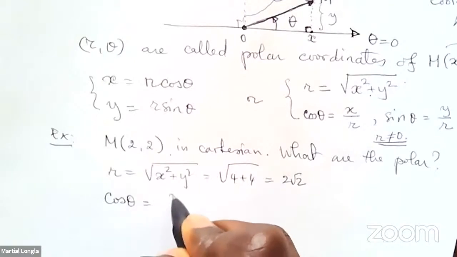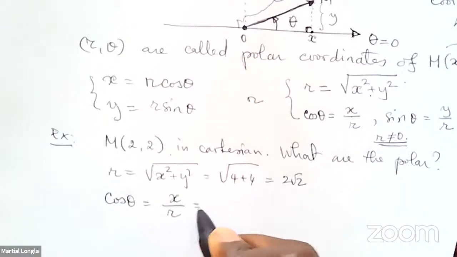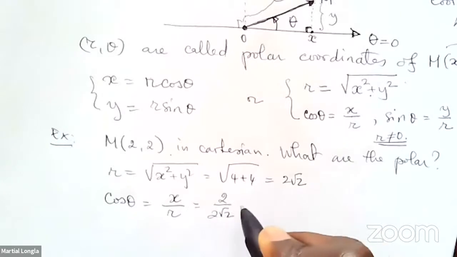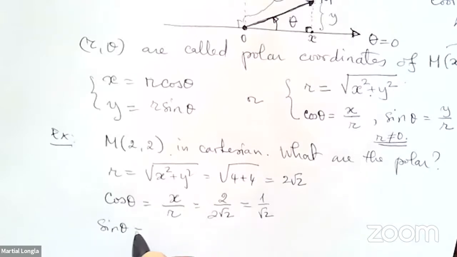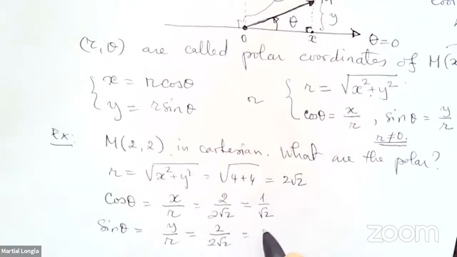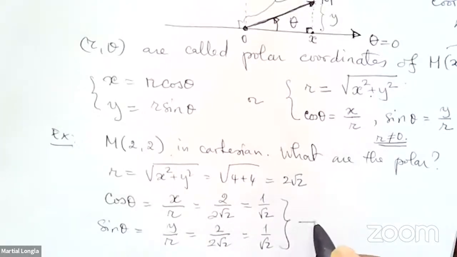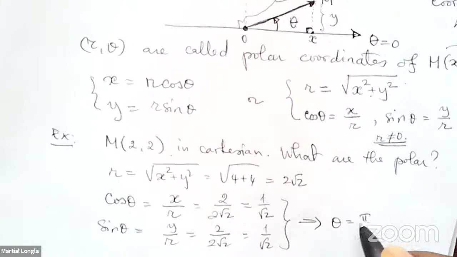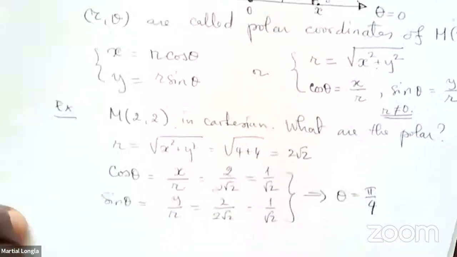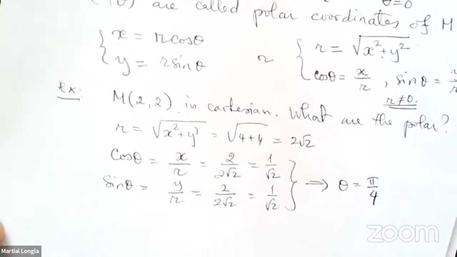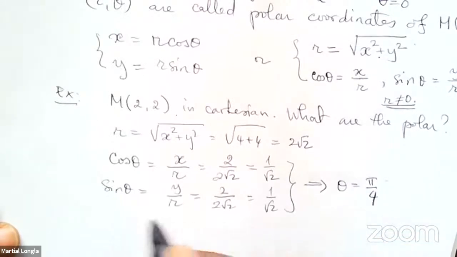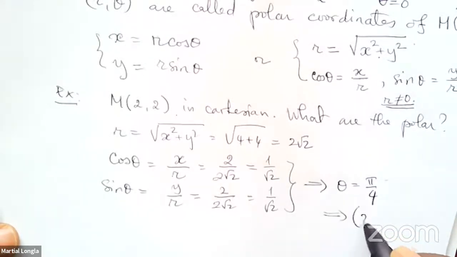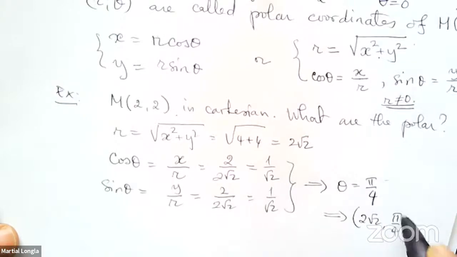Cosine theta is x over r. That's 2 over 2 square root of 2, which is 1 over square root of 2. Sine theta is y over r, which is 2 over 2 root 2, which is 1 over root 2. And these two show you that theta is pi over 4. There is no other angle that has cosine 1 over root 2 and 1 over root 2 for sine. The only angle is pi over 4. So polar coordinates are 2 root 2, pi over 4.